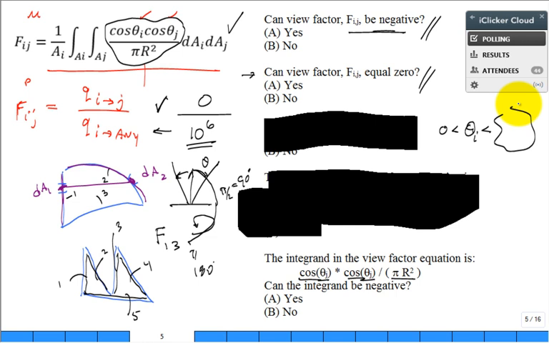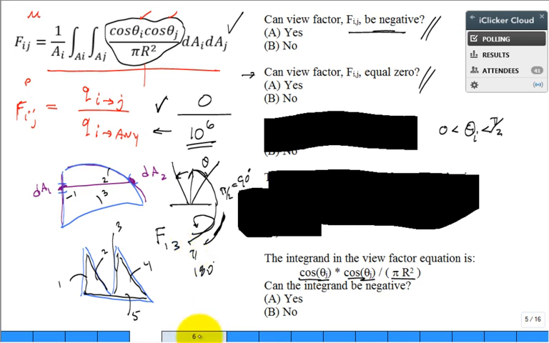And so what is the cosine of 0? That's 1. The cosine of pi over 2? 0. The smallest the cosine of any of those theta angles can be is 0. So maybe some of you were thinking, what happens if I put in a theta greater than 90 degrees? Well, yeah, the cosine would then be negative, but that doesn't make any sense physically.